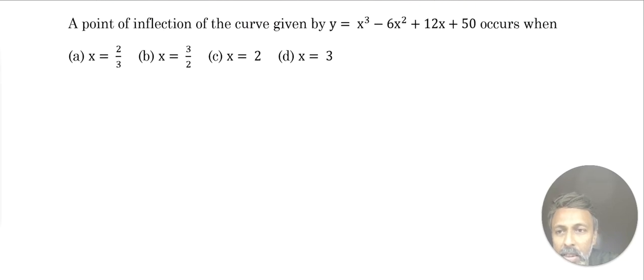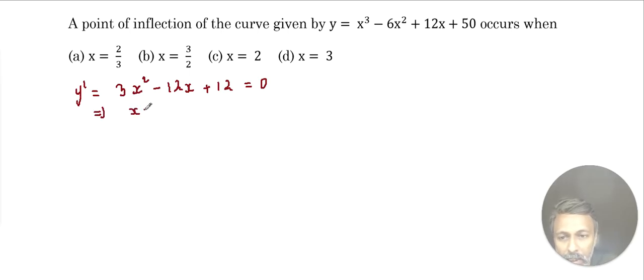The question is, a point of inflection of the curve given by this occurs when... Inflection will occur when an odd derivative, so third order derivative, fifth order derivative, seventh order derivative, is a non-zero value, then we will say it's a point of inflection. What we mean is, the first derivative is y dash is equal to 3x square minus 12x plus 12, and we equate it to 0.